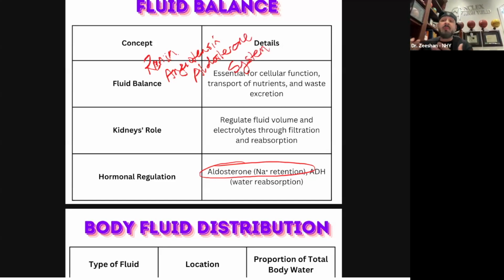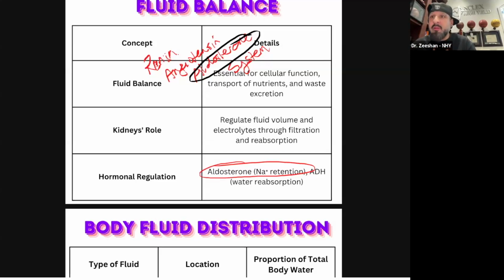Now, I tell my students, the only thing that I want you all to focus on is what part of this is, in fact, aldosterone.